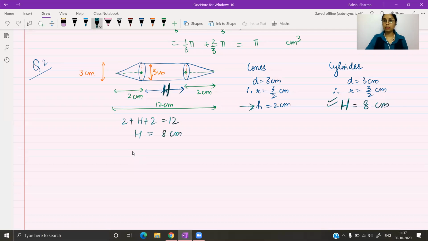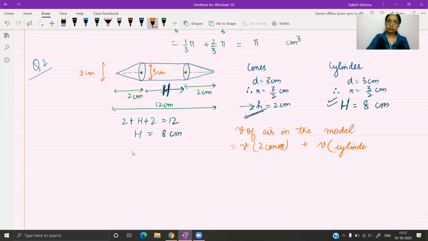Height of the cone with small h, height of the cylinder with capital H. And now you can find out the volume of the solid or volume of air in the model. Yes, you can take it as H1 and H2 also.